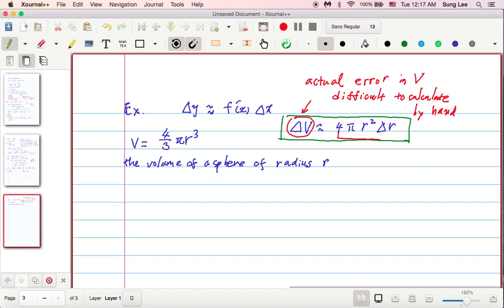But the right-hand side here, that's the approximation, and that's easier to calculate by hand.